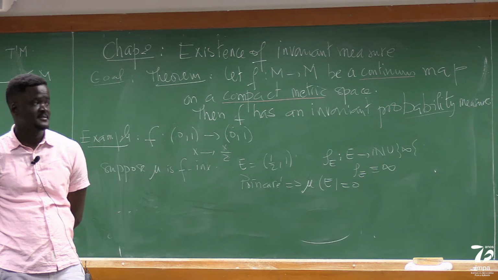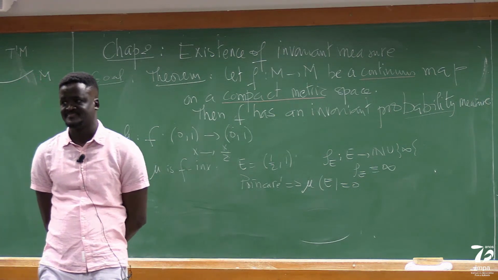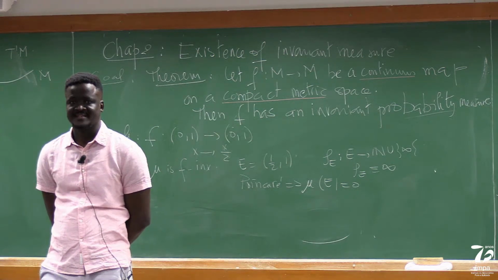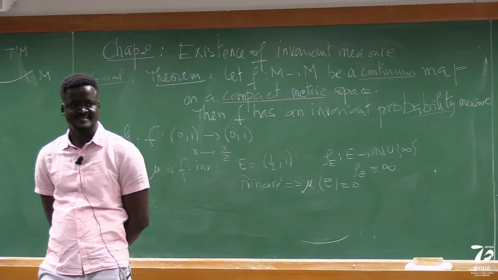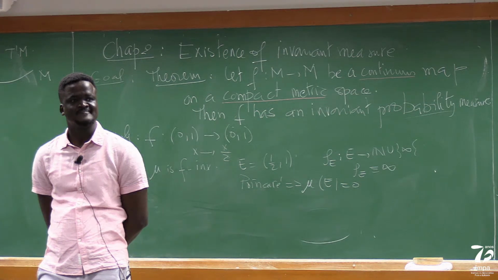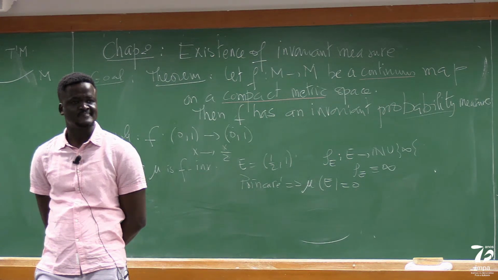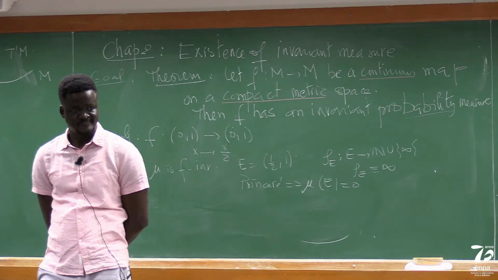But here we want sigma finite. What if we had something like, if the subset contains a neighborhood of 0, if it has 0 in it, it is of infinite measure, and otherwise it has 0 measure?